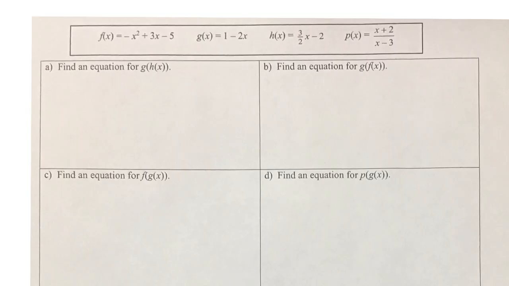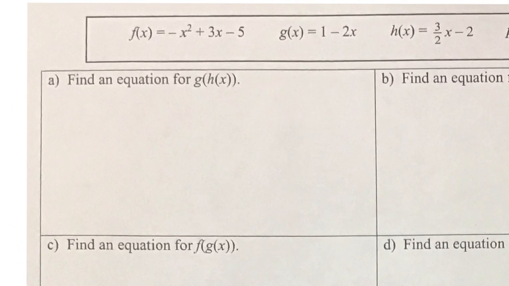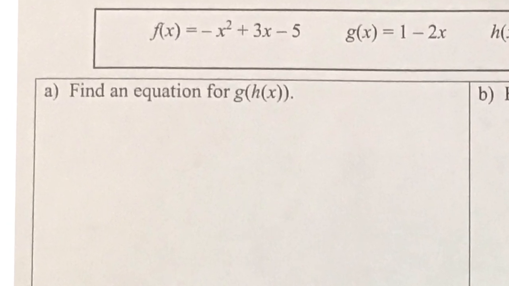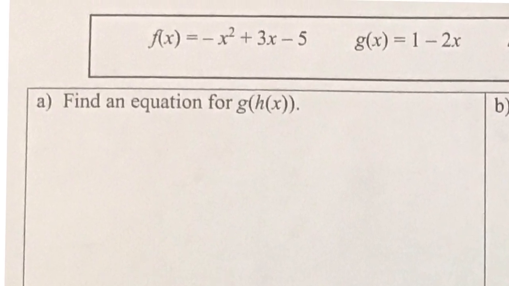Okay, so the back worksheet has more algebra on it. But look what we want to find now for A. The first problems last time had a number in here. This time we don't have a number, but we have a variable. So if you start off with a variable in your equation, that means we're going to end with a variable. So we're trying to find an equation.